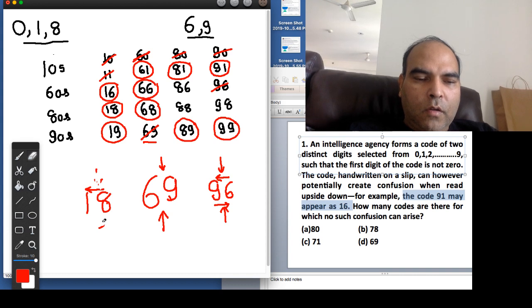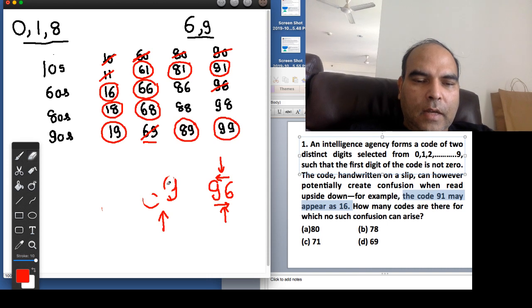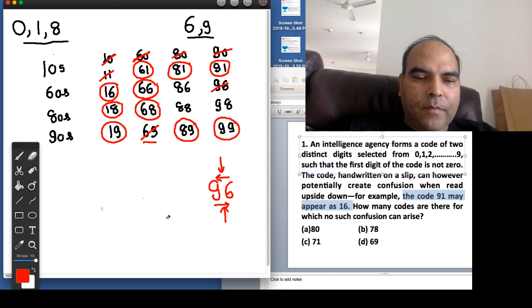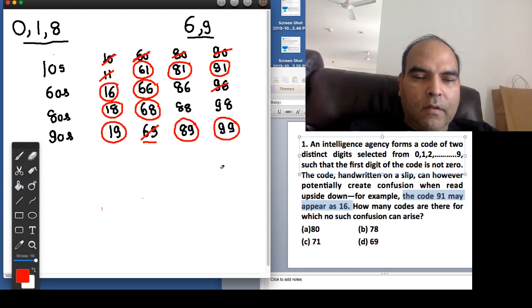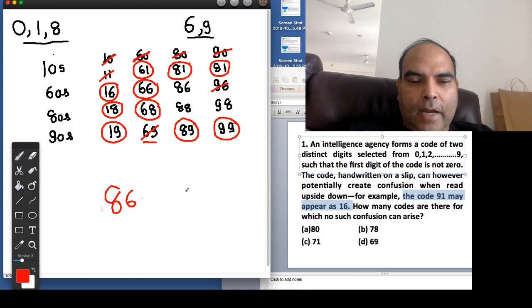So we move on to what causes problems. If you look through, 81 and 18 we've already taken. 86 is the next number on our list, and you should be able to see that 86 is going to look like 98 when you invert it.